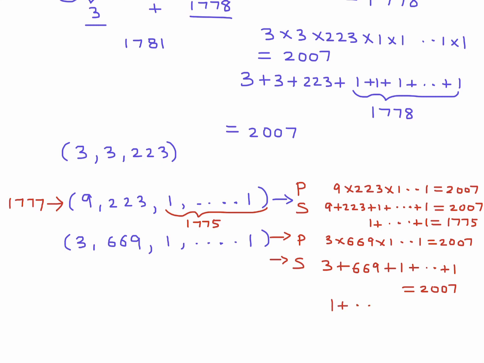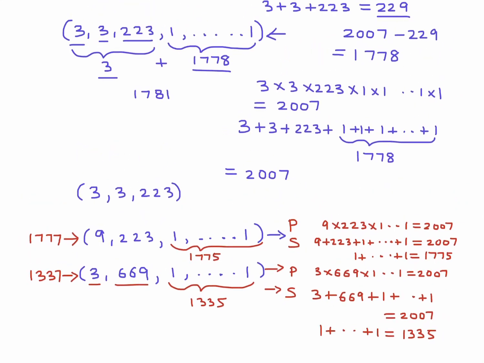Again, as before, just isolate all the ones, and on the other side it'll be 2007 minus 3 minus 669, and that gives me 1,335. So that means that there are 1,335 ones in that set. What is the total number of elements in that set? Well, 1,335 ones and a 3 and a 669, so it's 1,337. So I've got 2 additional values for n.